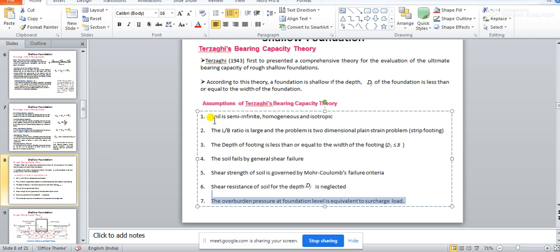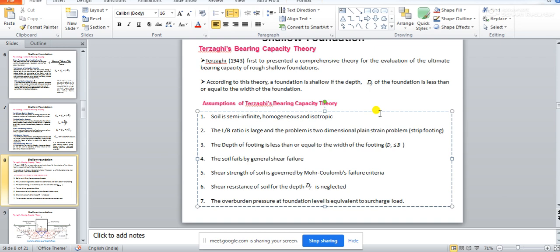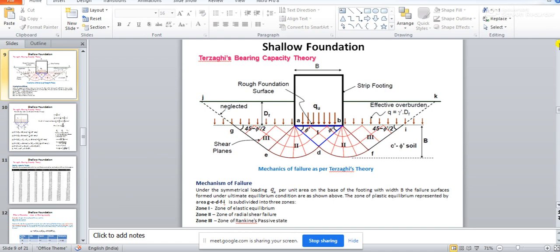So these 7 assumptions are very important. You should remember these 7 assumptions. So with these 7 assumptions, Terzaghi has derived his bearing capacity equation. Now let us go to Terzaghi's bearing capacity equation, what it says actually, and what is Terzaghi's bearing capacity theory.